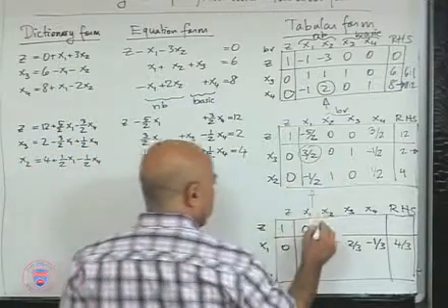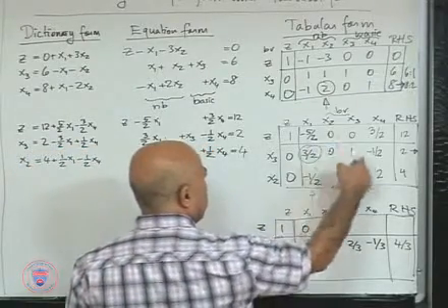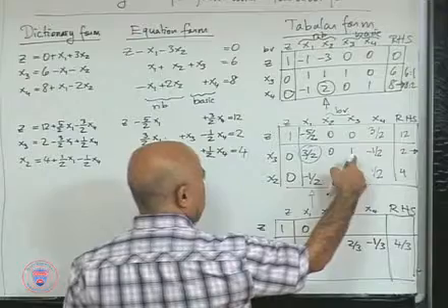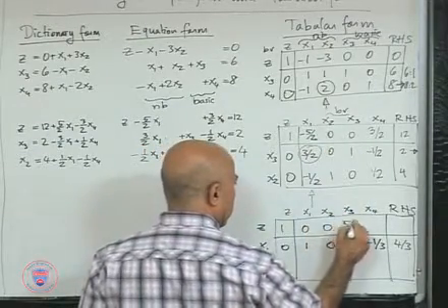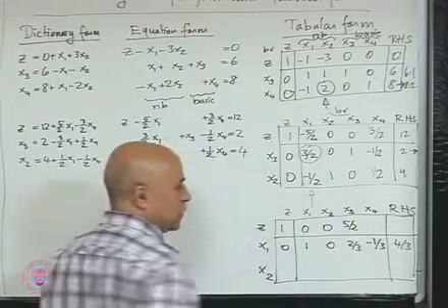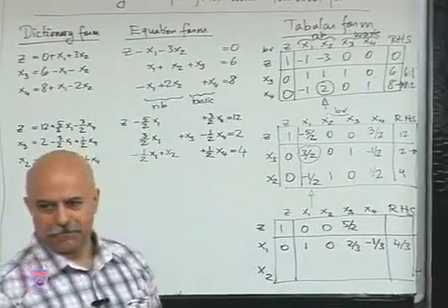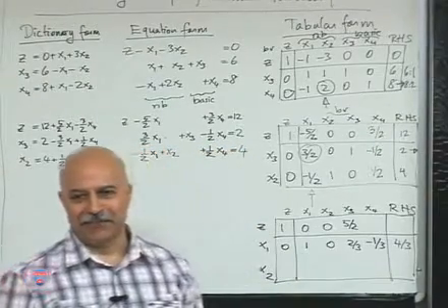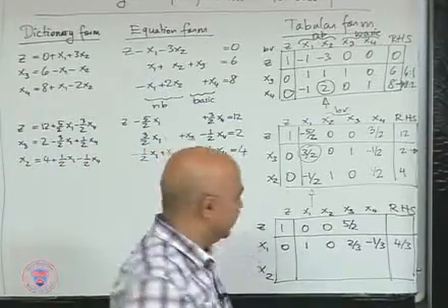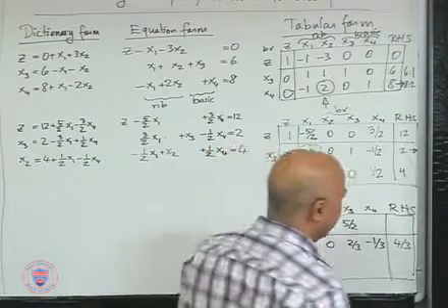This one will not change, 0. This will be 5/2. I don't know what that will be. You do it. I'm not very good with computations. 5/3? Okay.